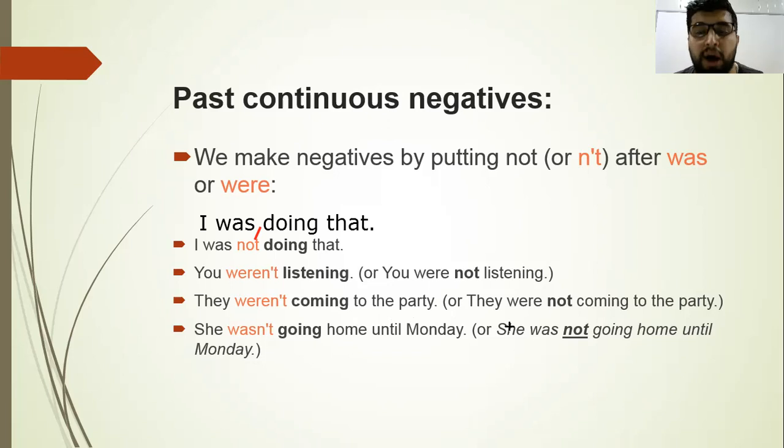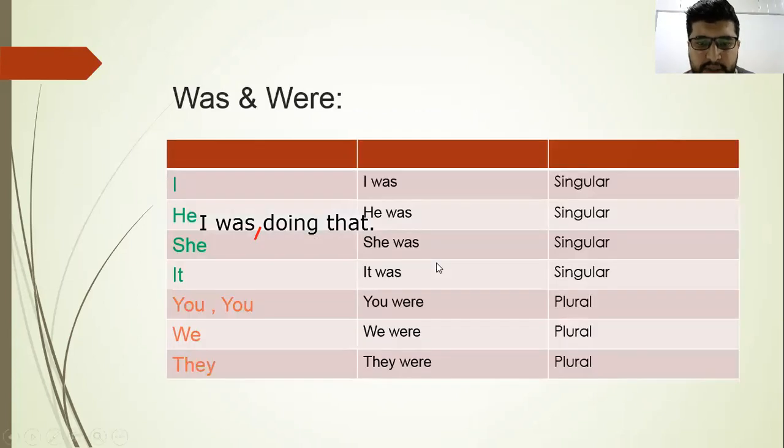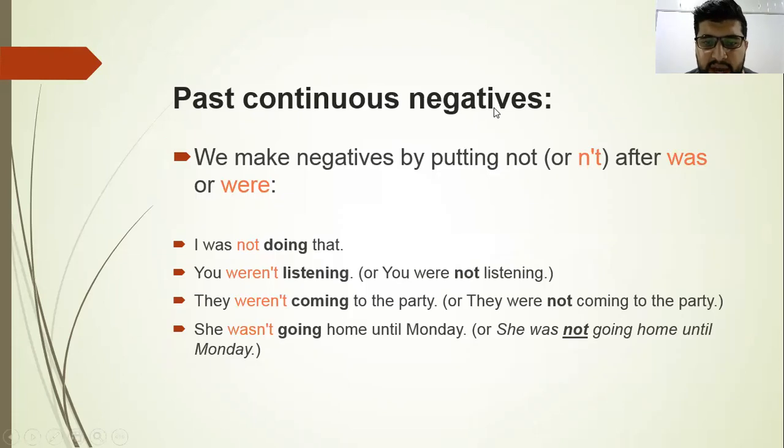They were not coming to the party. She wasn't going home until Monday. She was not going home until Monday. It's really, really easy. Negative is really easy. You just add not or n't. Both of them are correct.